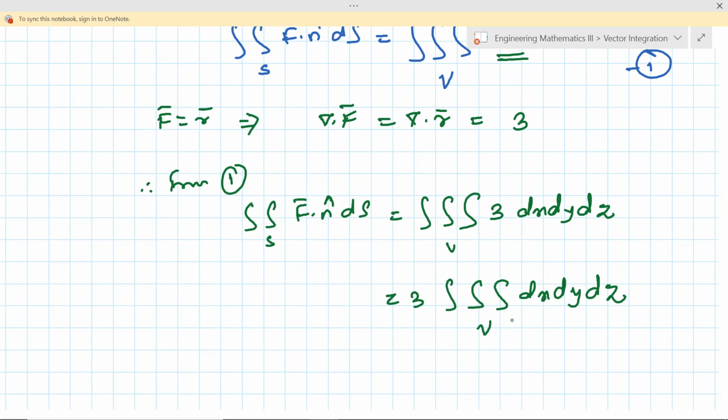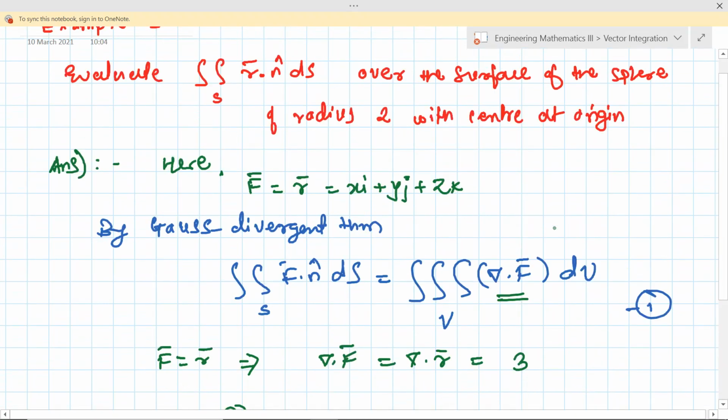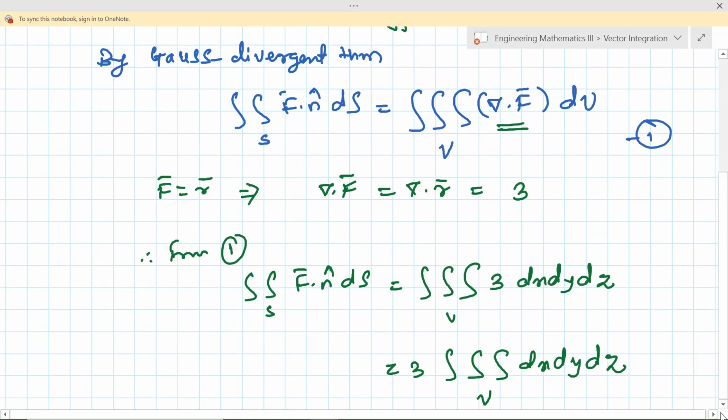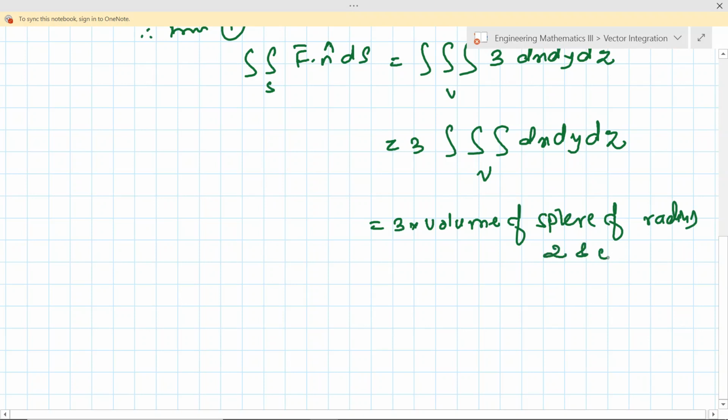Okay, because the surface is the sphere. See here, in the given example, over the surface of the sphere of radius 2. And the volume integral is over the volume V enclosed by the surface S. And what is our surface S? It is the surface of a sphere. And therefore the volume enclosed by that surface is nothing but the volume of the sphere. Okay. So simply, this is nothing but 3 into the volume of the sphere of radius 2 and center at origin.